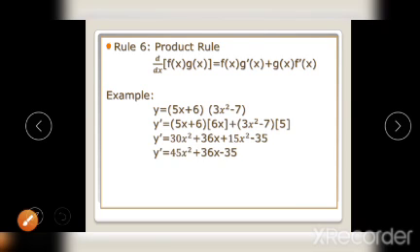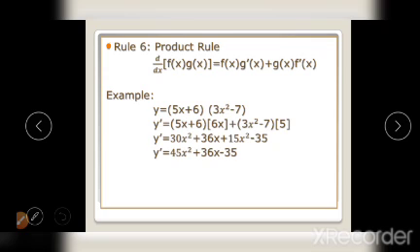For example, we have y is equal to the quantity of 5x plus 6 times the quantity of 3x squared minus 7. So we have y prime equals the quantity of 5x plus 6 times 6x plus the quantity of 3x squared minus 7 times 5.